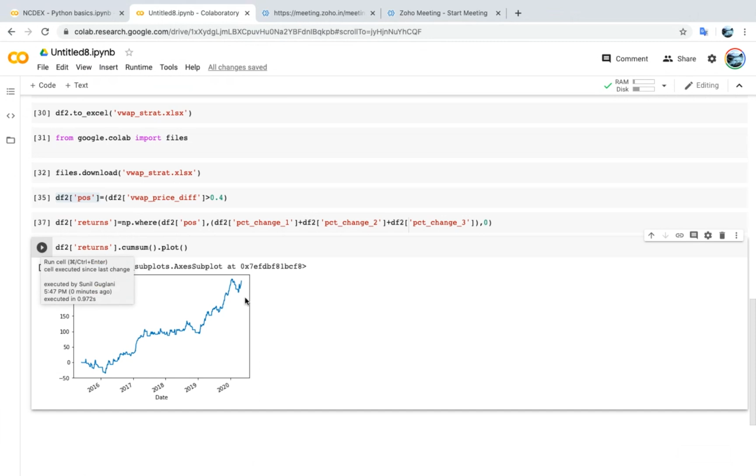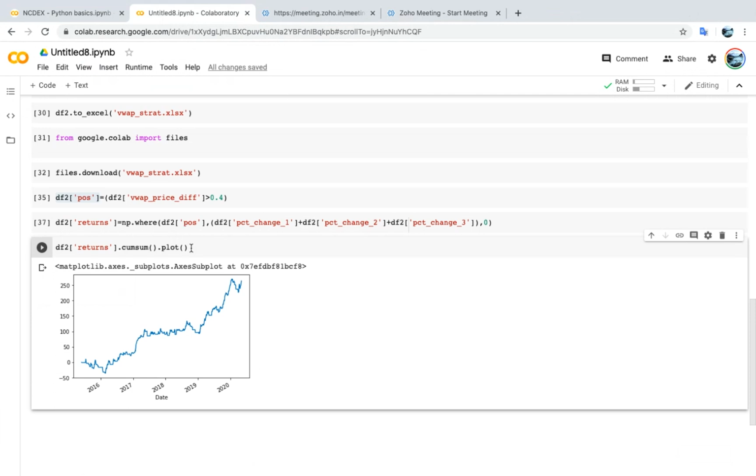Oh, not bad. What do you say about this? On the left side it is the percentage return, and on the x-axis is the date field. So it's around 250% in the last 4 years.